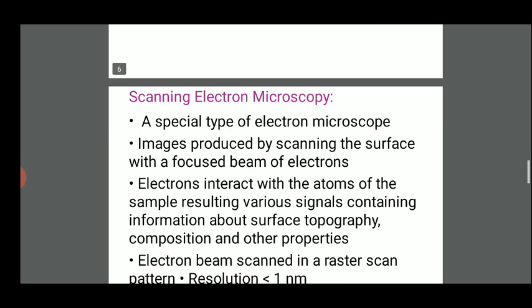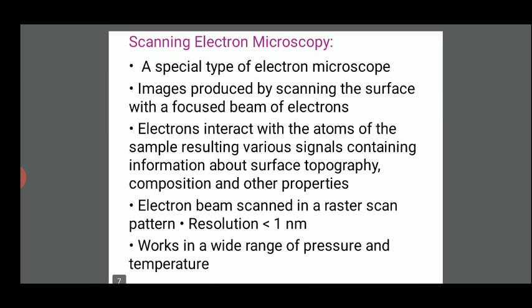And next we'll study the electron microscopes. We are studying now about scanning electron microscopy. So scanning electron microscopy is a special type of electron microscope, and in this the images are produced by scanning the surface with a focused beam of electrons.